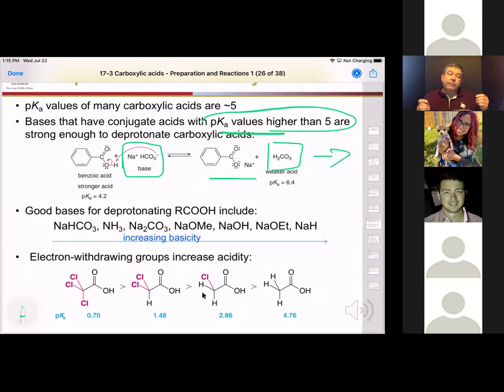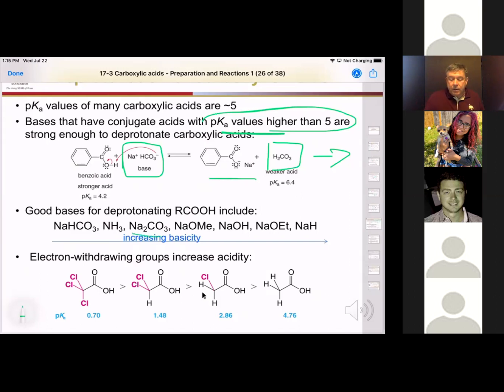So this is a very weak base, which means carboxylic acids are one of our stronger organic acids. It's one of our most acidic protons we have in organic chemistry, okay? So that means that almost any base, even anything above that of the bicarbonate, will deprotonate it.